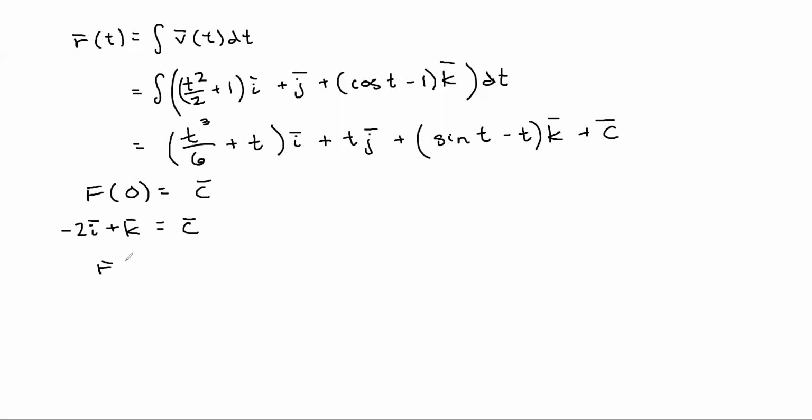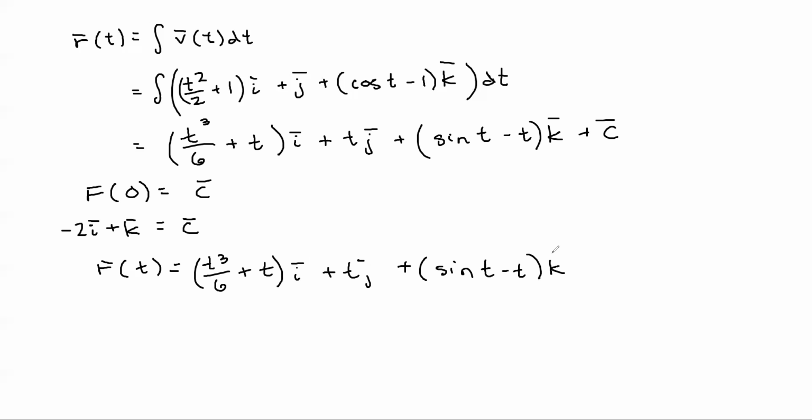Pop that in, and we get r of t is t cubed over 6 plus t i, plus t j, plus sine t minus t k, minus 2i plus k.